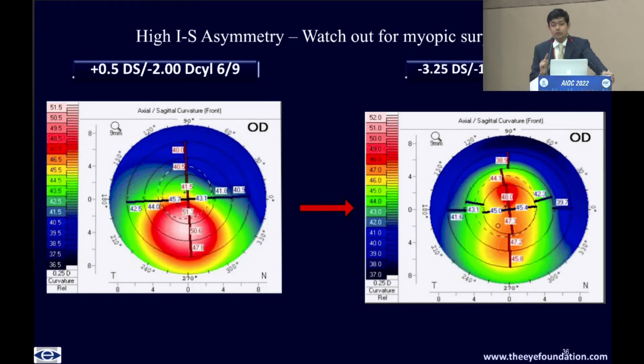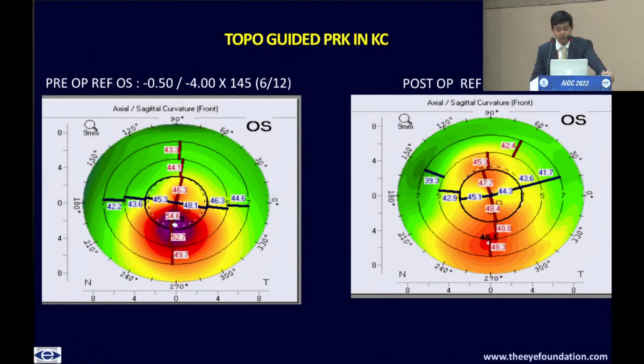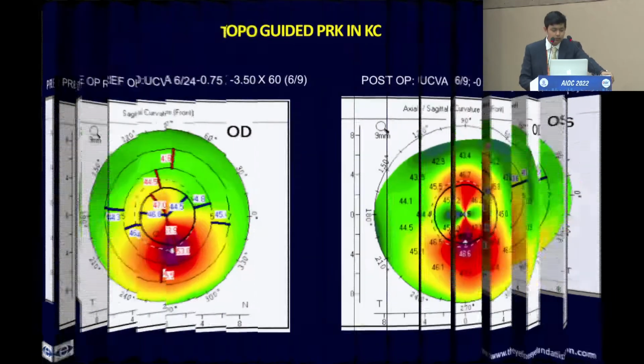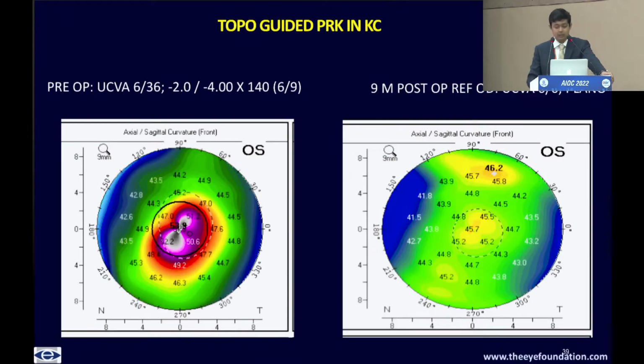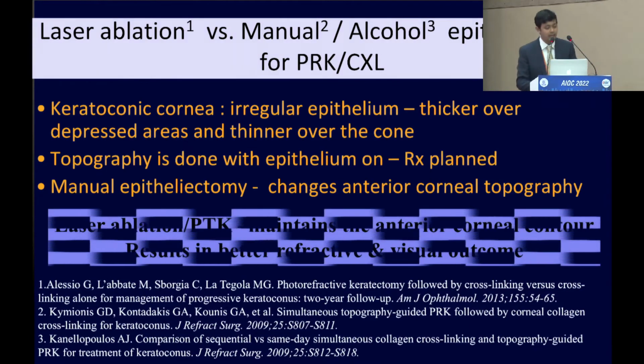These are patients where you have to be careful in case selection and possibly warn them about the potential of having induced myopia and possibly a need for spectacles, contact lenses, or even a phakic IOL at a later stage. Due to paucity of time, these are some more examples that I had.